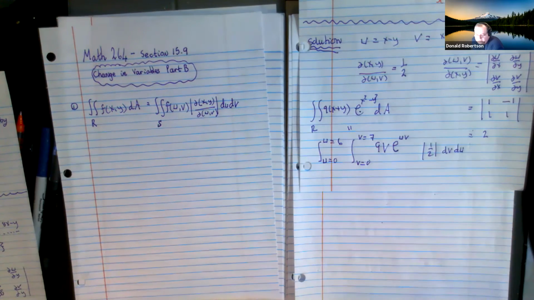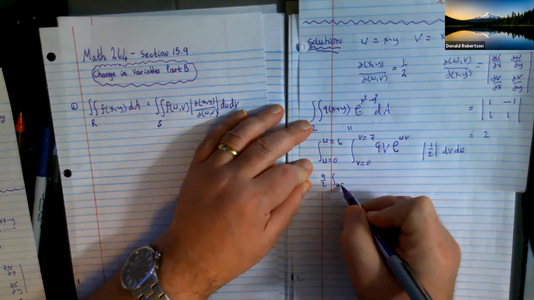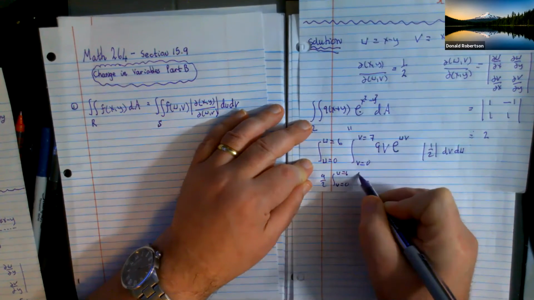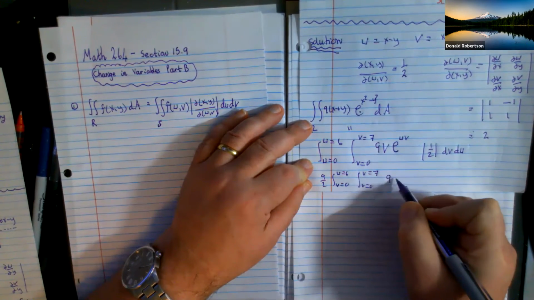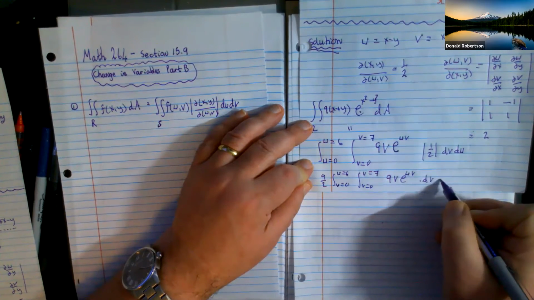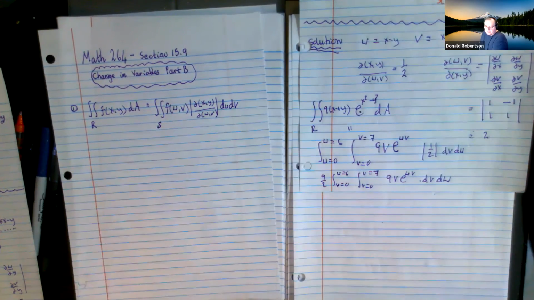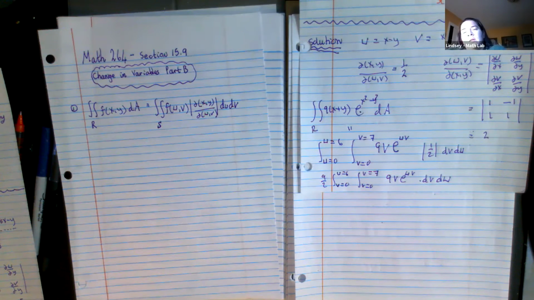Are we good with this fella? Right, so what would we do? I'd probably pull out the 9/2 just because it's annoying me. Is this particular integral separable? It is not. Right, so we just have to fight through.